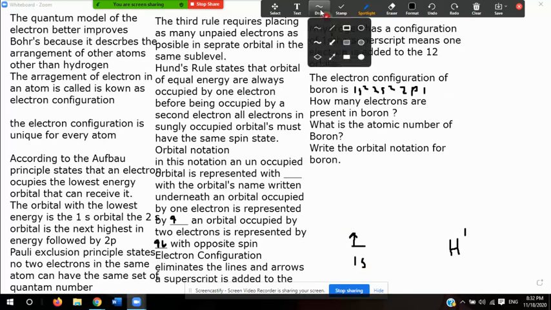Now, in the case of helium, which we did a minute ago, helium has 2 electrons.